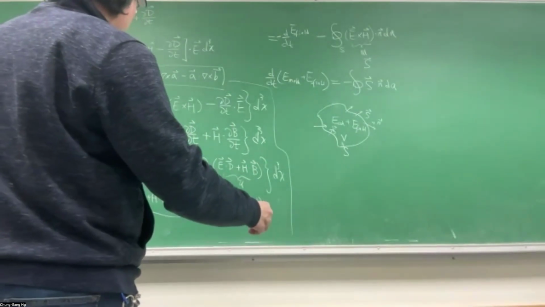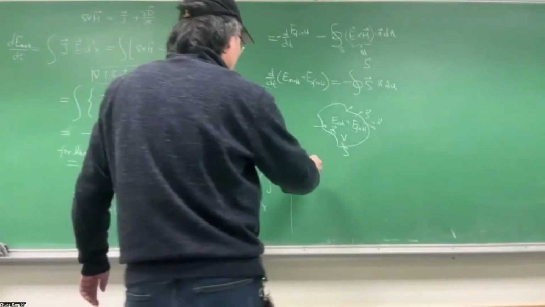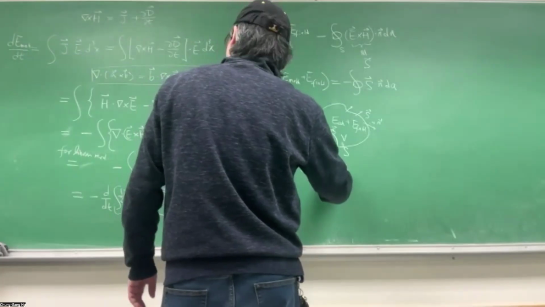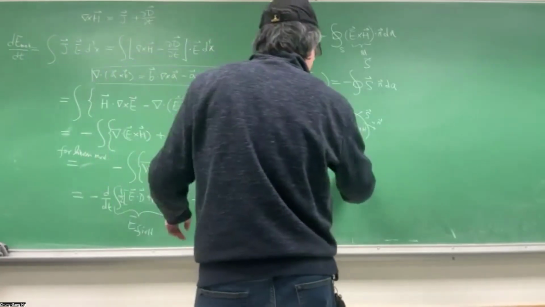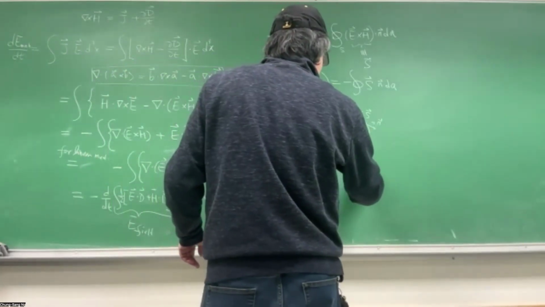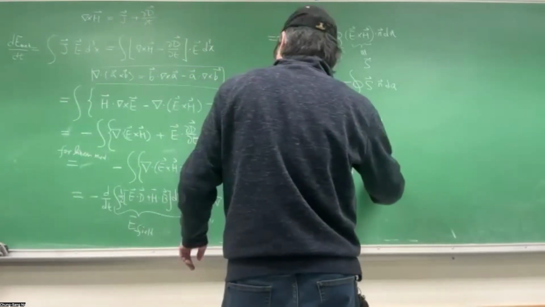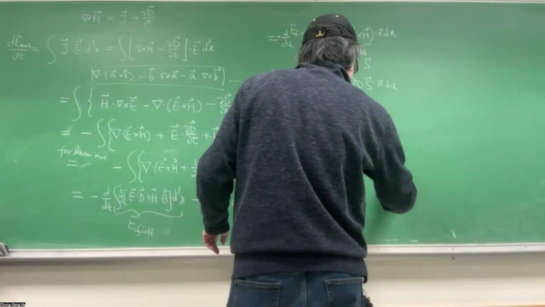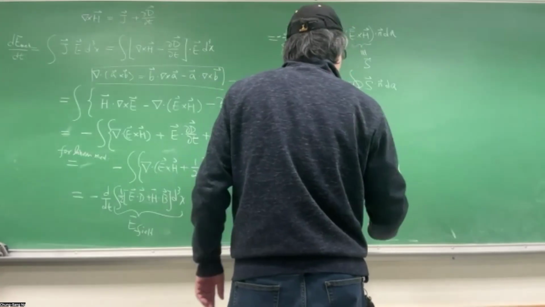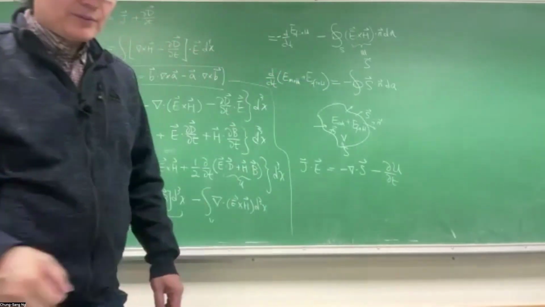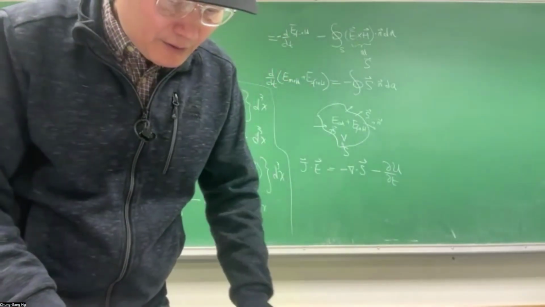If you write it like that, then the integrand will be J dot E equals minus divergence of S, and then minus partial t of U. Okay, so that would be the microscopic equation.